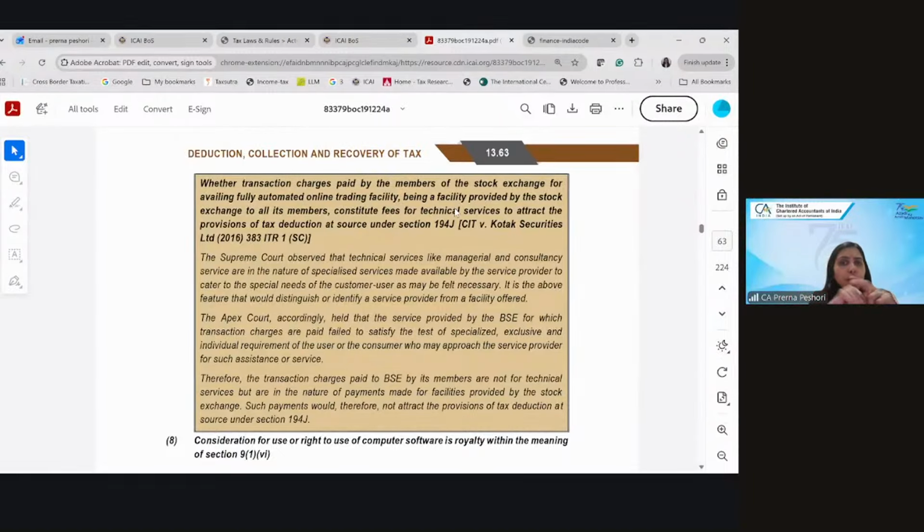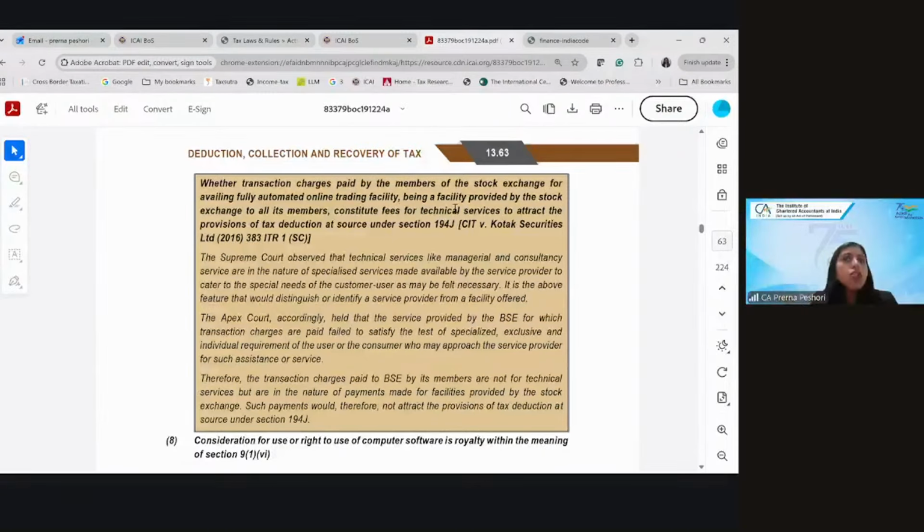The Supreme Court observed that technical services, just like managerial and consultancy, are specialized services and not general services. Where specialized services are given, like engineering service, some kind of technical inputs, technical drawings, all of that, that is a technical service catering to the specific needs of the customers.